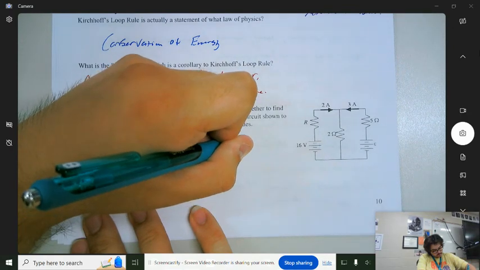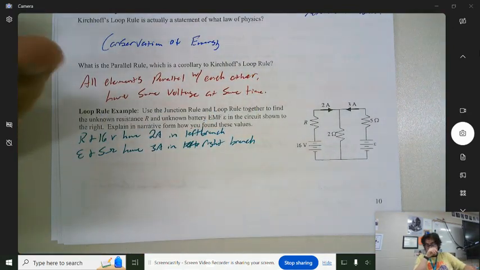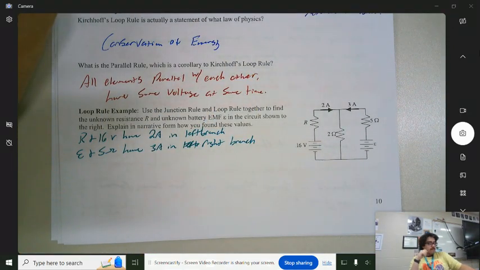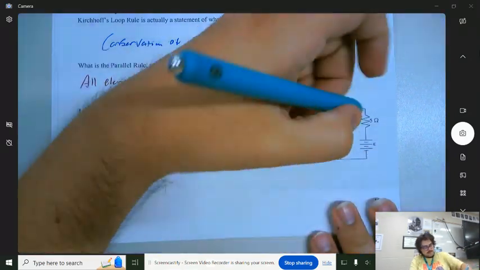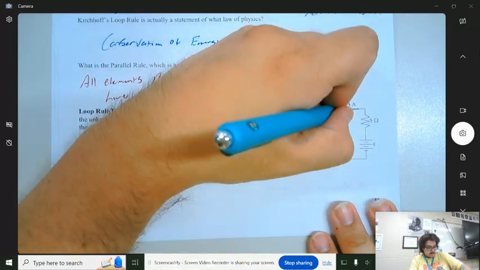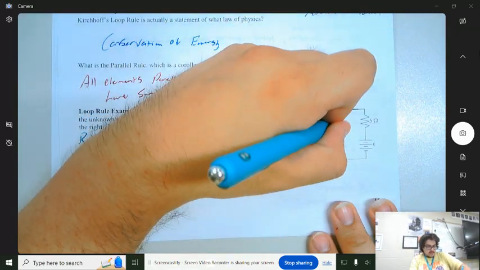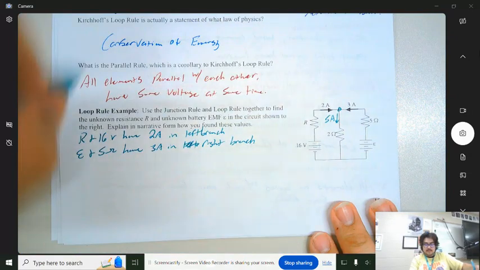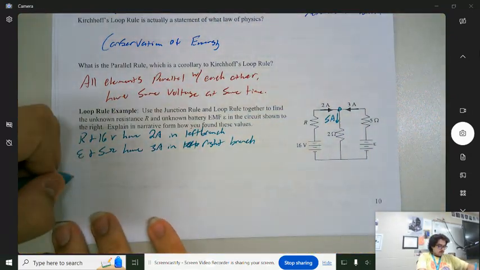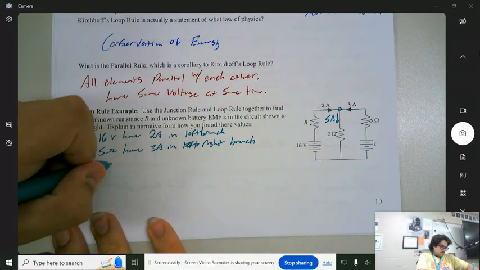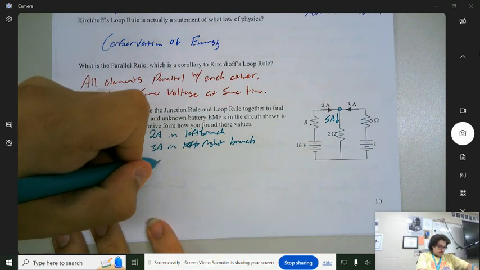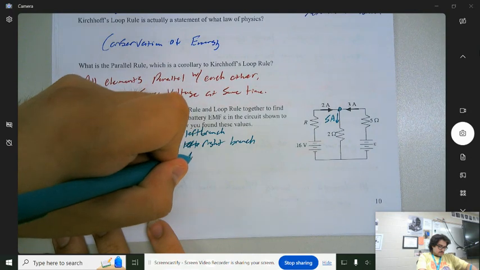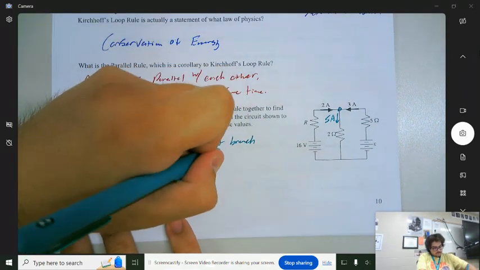In the middle branch, if the junction rule is to be followed, we should see that 2 is going to combine with 3 at this junction, and we're going to end up getting 5 amps going down. The middle branch has 5 amps down, and that's the junction rule.